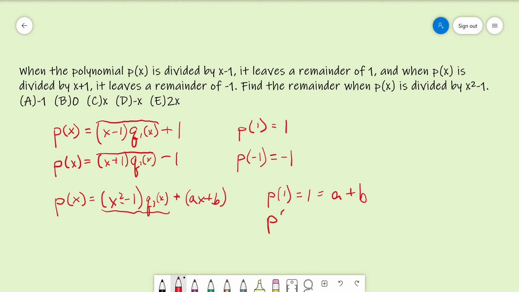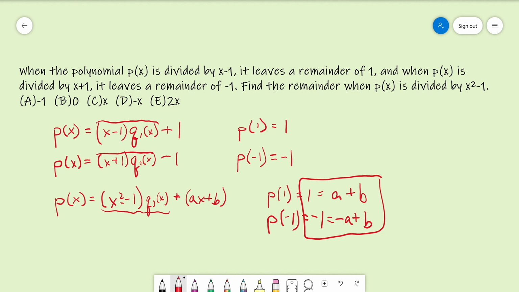And for p of negative 1, from the second equation, we know that that's equal to negative 1. And if we plug that into the third equation, again, we'll get 0, because negative 1 squared is 1 minus 1 is 0, plus a times negative 1. That's going to be negative a plus b. So now we have these two equations here, and we can solve them for a and b.